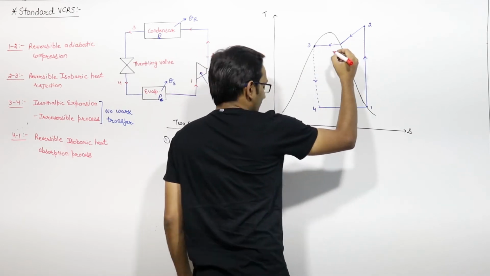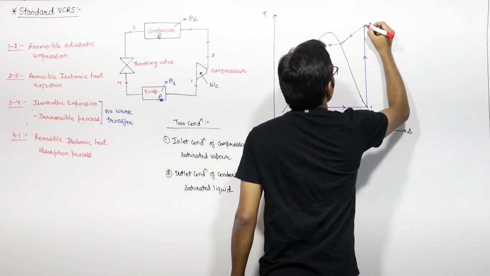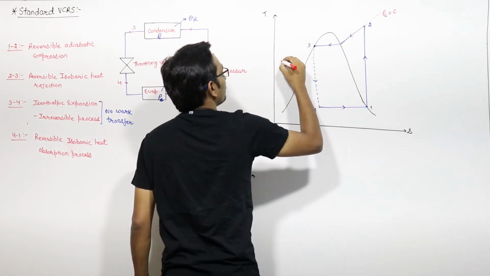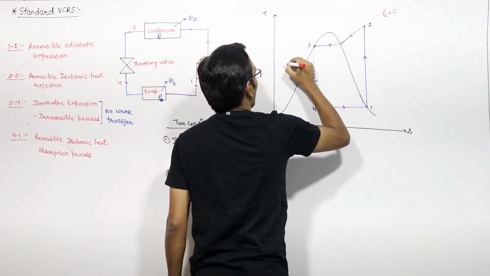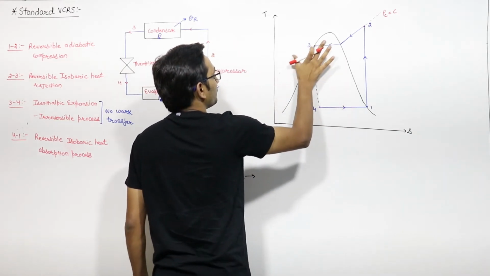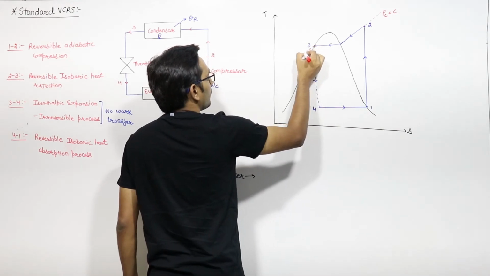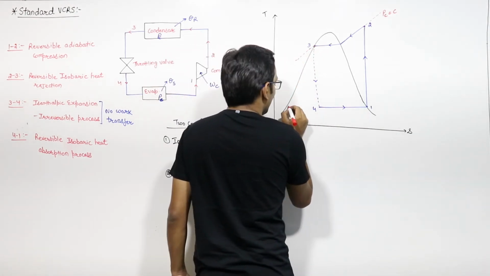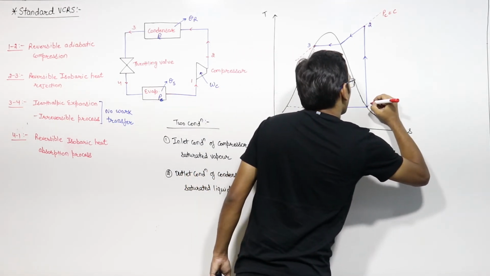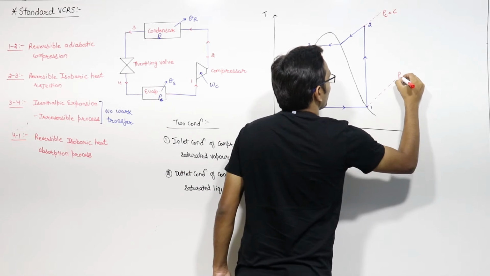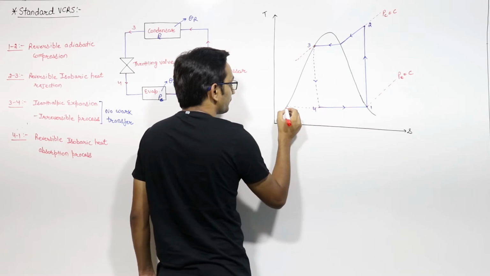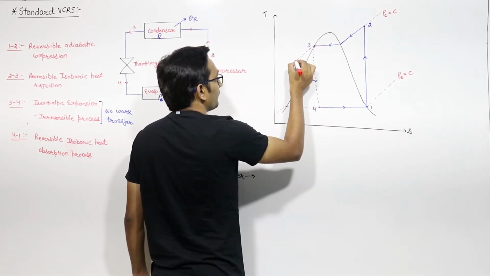Line 2 to 3 is PC equal to constant, and this other line is PE equal to constant, which we have to maintain.